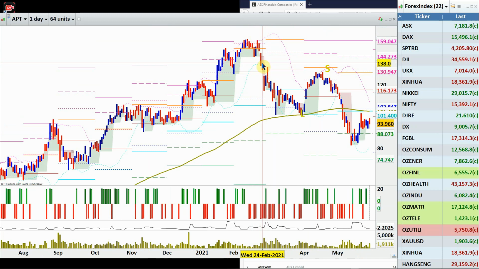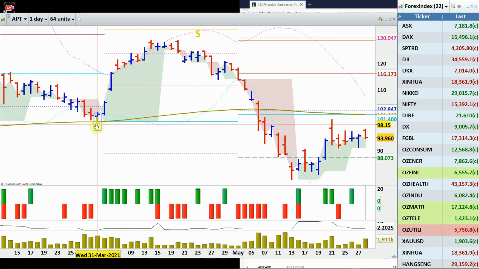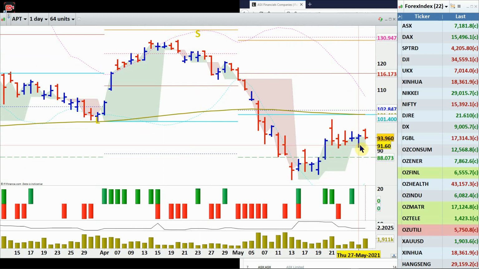Something happened, I don't exactly remember, and the share price fell to this point and got a tremendous bounce from the 200 moving average with a hammer. We go long there, and then we go short here. This is a good volatile share, extremely good. At least 100 pips movements, from 96 to 93. 300 pips move every day.